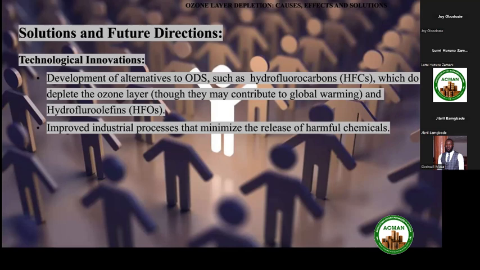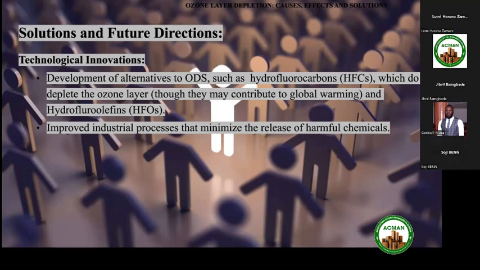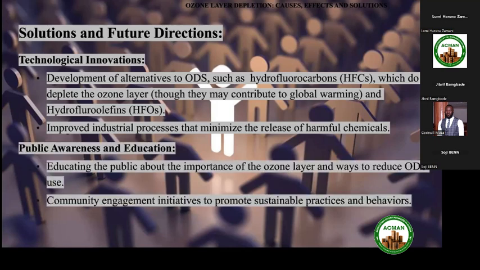That's why we are opting for more natural refrigerants like ammonia, carbon dioxide, and hydrocarbons. These are more natural. The other one, which is not so natural, is the hydrofluoroolefins, the HFO, which are non-oxidating and non-ozone depleting substances. Then public awareness, like what we are doing now, telling them that what they're doing is affecting the ozone layer, is also another form of solution.